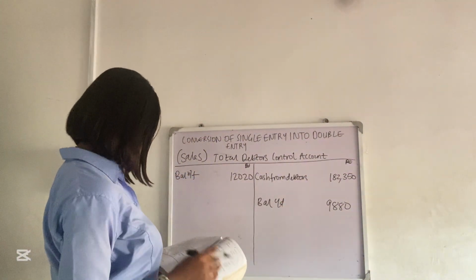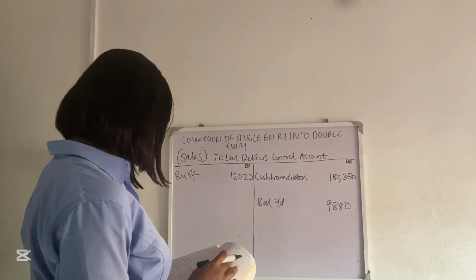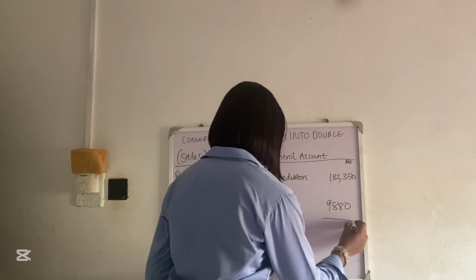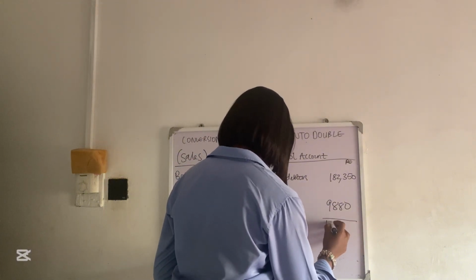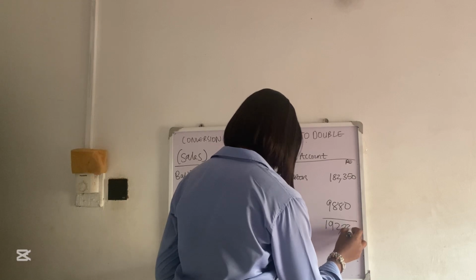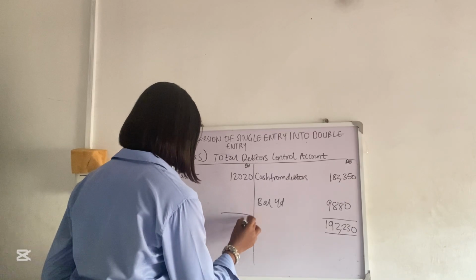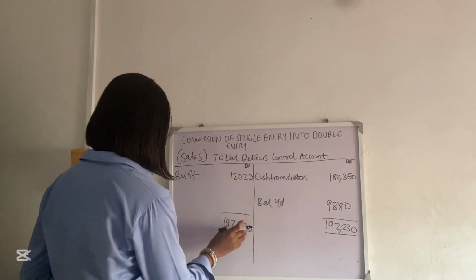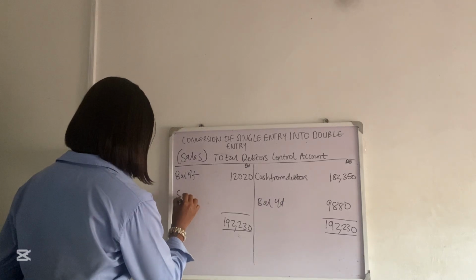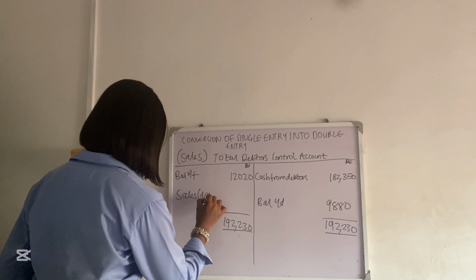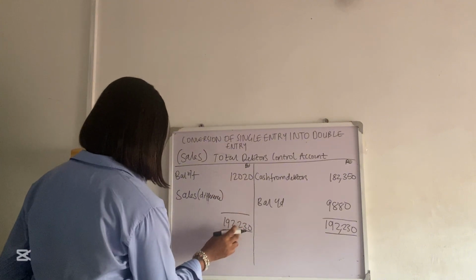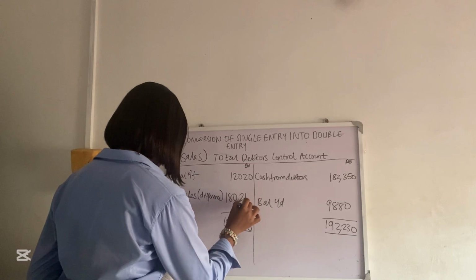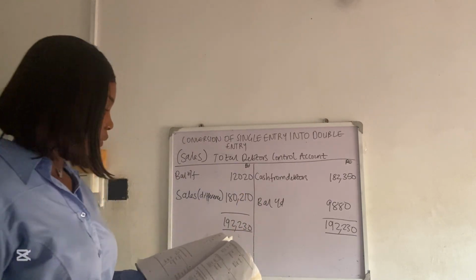The summation of these two is 192,230, and this one is obviously bigger. So the difference between this and this will be your sales figure: 180,210.